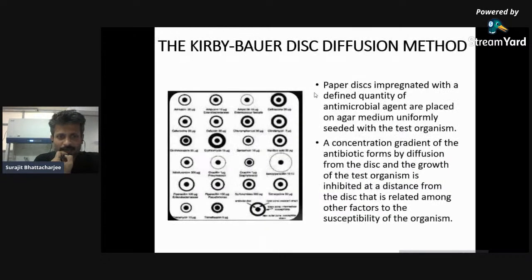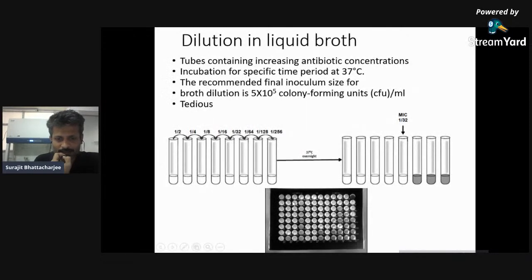Here it is a 96 well microtiter plate, and I'm giving you an example where we have used one. It is clearly visible that depending on the concentration of the antimicrobial agents, the growth of the bacteria, or the turbidity of the medium, changes with the different concentrations.